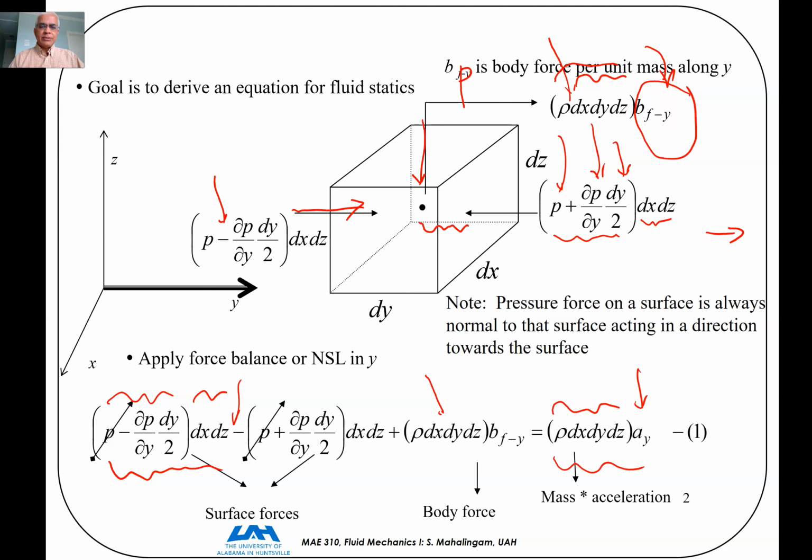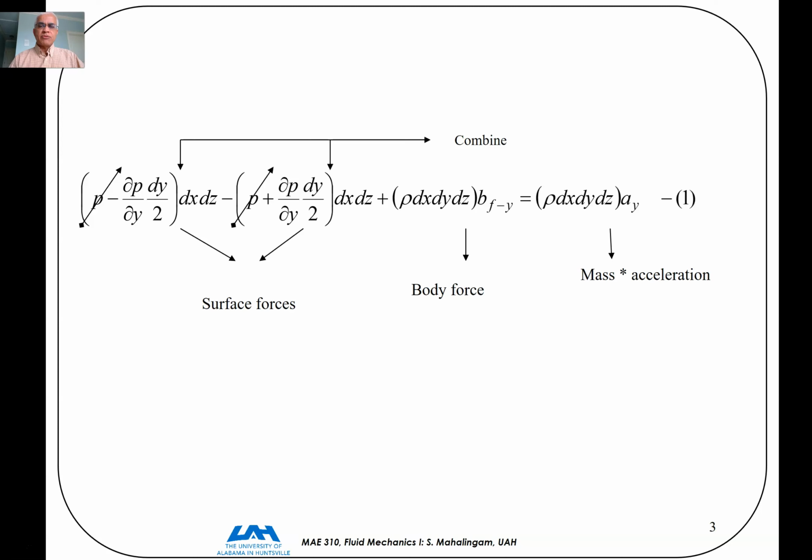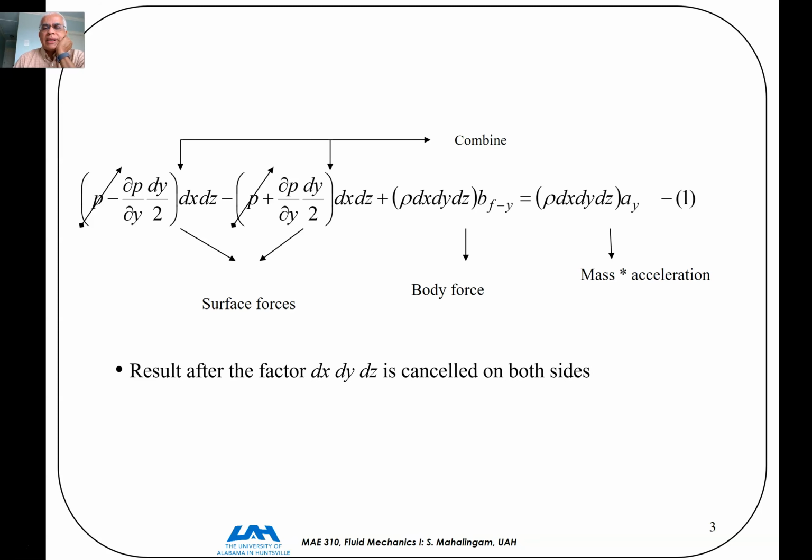Those two terms cancel out. Both of them are multiplying dx dy dz, one with a positive, one with a negative sign, and then the other terms combine, and every term has a rho dx dy dz appearing in it. So if I take all of that into account, and I'm copying this over to the next slide, after we cancel out the dx dy dz, what's left over in this equation is negative dp dy.